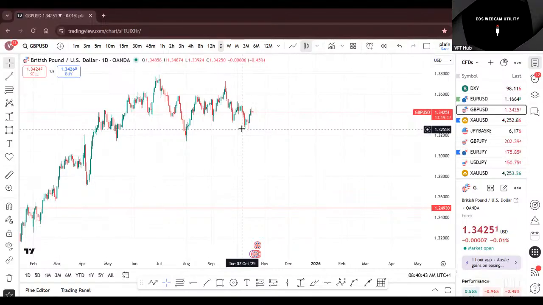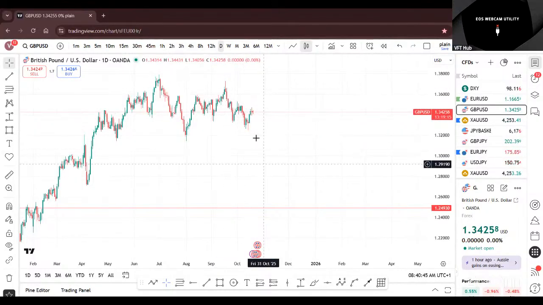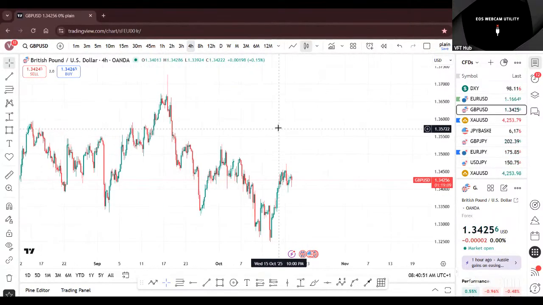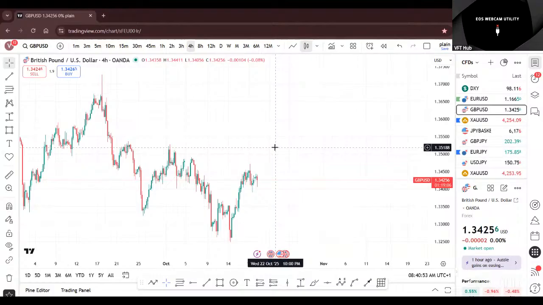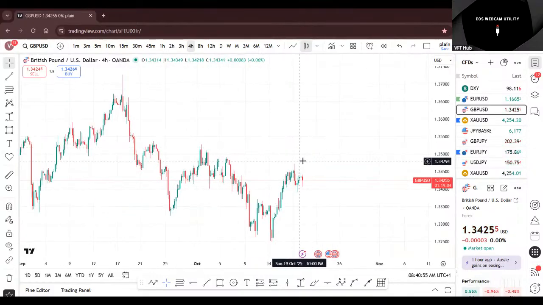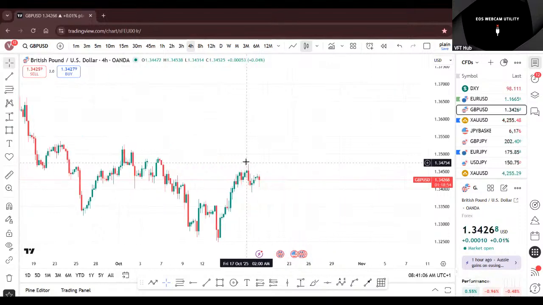So we expect that to continue playing out on GBP USD, looking at what we have on the daily time frame already. Now, if we go to the 4-hour time frame as well, you see that GBP USD has made a strong retracement all the way here. So I expect it to stall a little and then finally sell off. If it's going to make any move, then we expect it to make one last push into this 4-hour order block here.